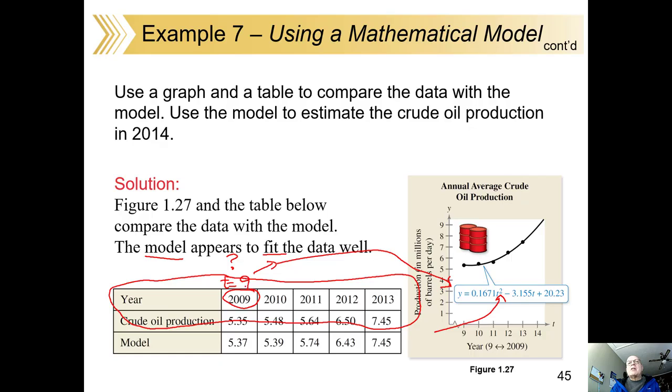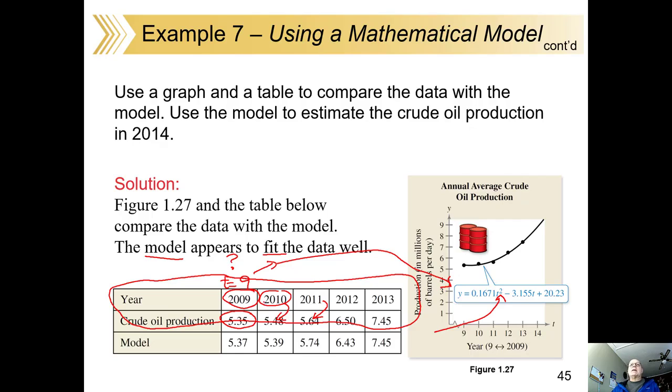Well, if you put 9 in and you get something close to 5.35, you've got a pretty decent model. If you put a 10 in and you get close to 5.48, your model's still pretty good. Put 11 in, see if you get close to 5.64, and so on. How close does a model come to your real data?